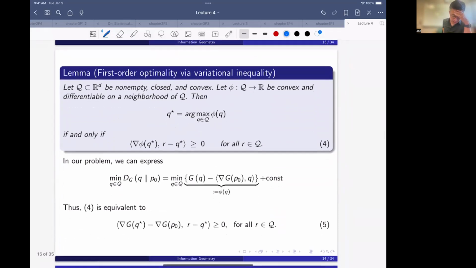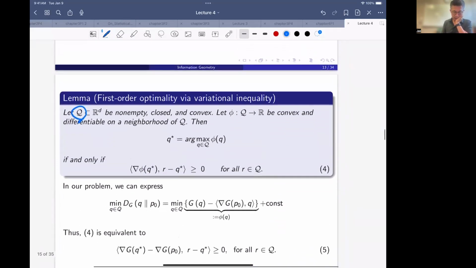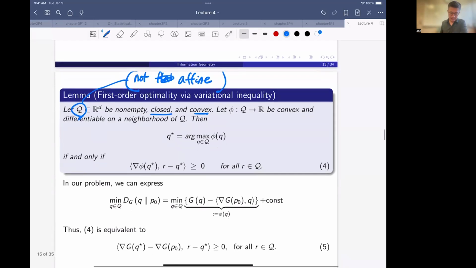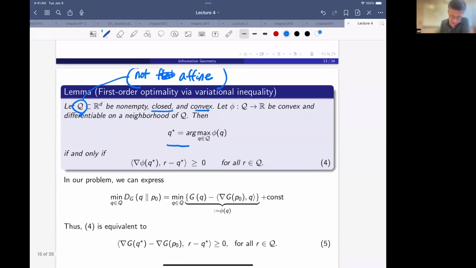Now we want to discuss the Pythagorean theorem. So here's a first order optimality. Q is again closed and convex, but not necessarily flat, not affine. Just convex and closed. Then if a solution exists, it should satisfy this inequality.